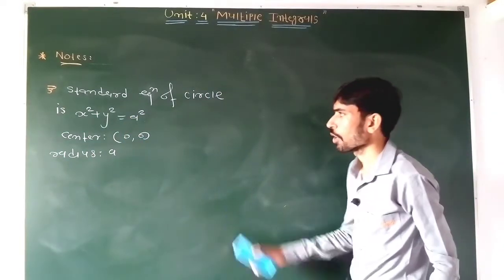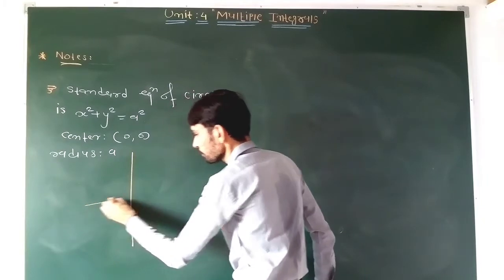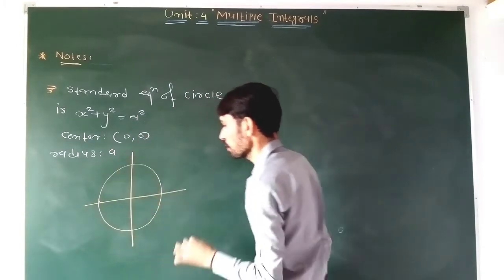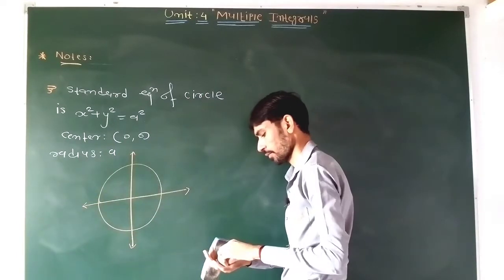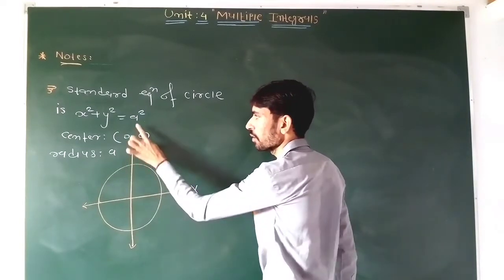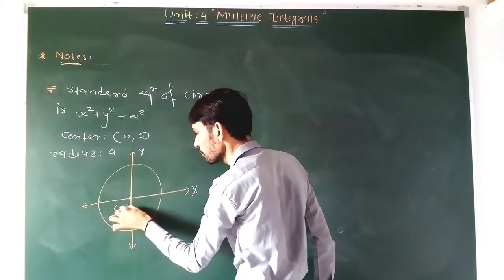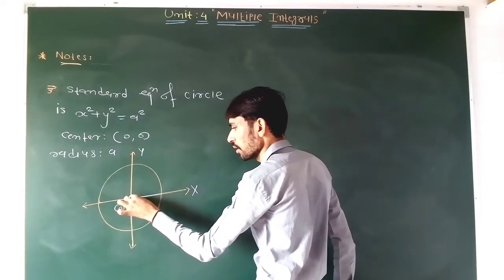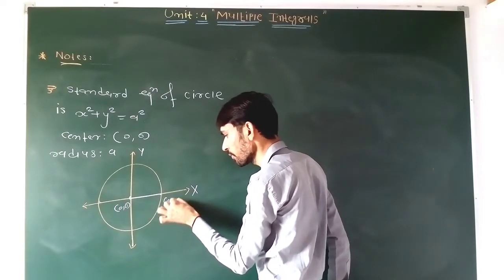is a. So how to draw this? So this is our circle, standard, with x axis and y axis. The center will be the origin, meaning (0, 0), with the radius a. On the positive x axis, this point is (a, 0).